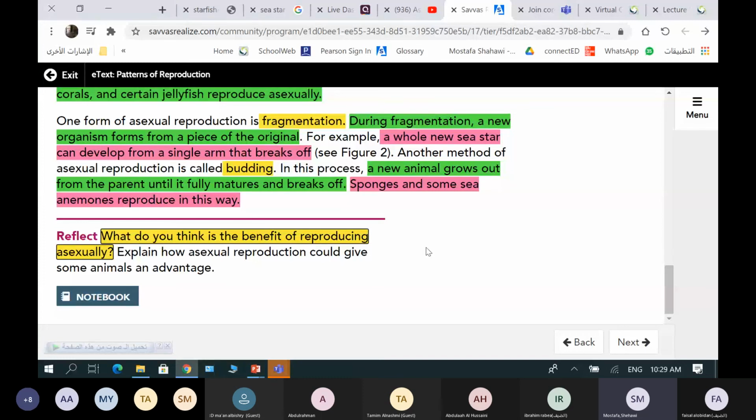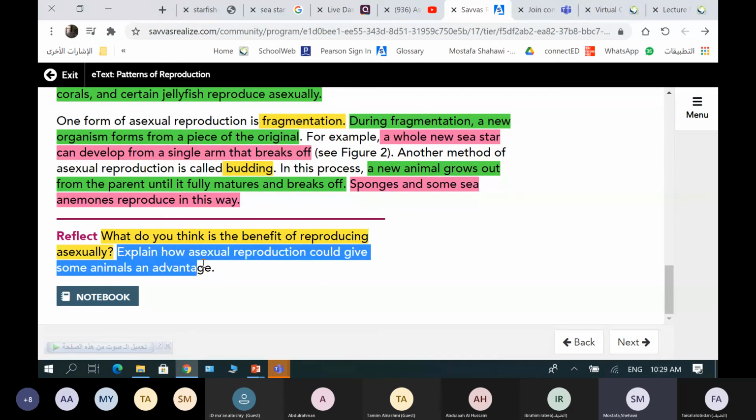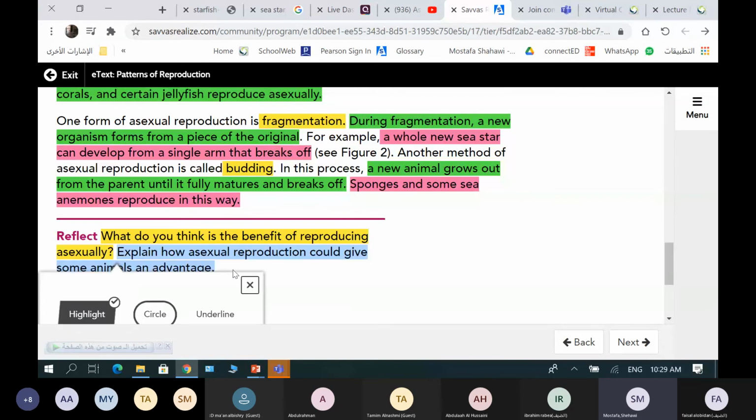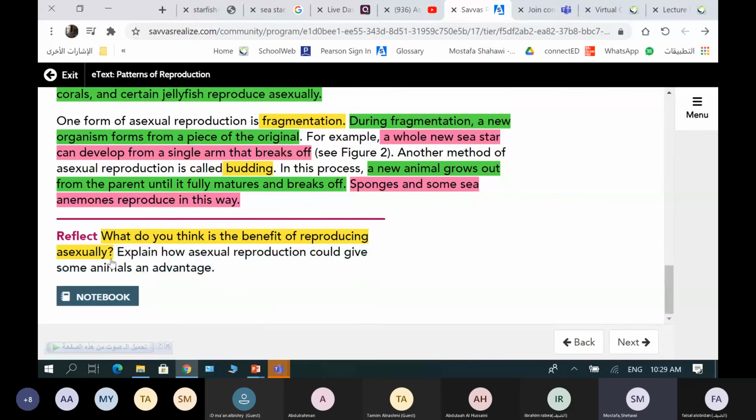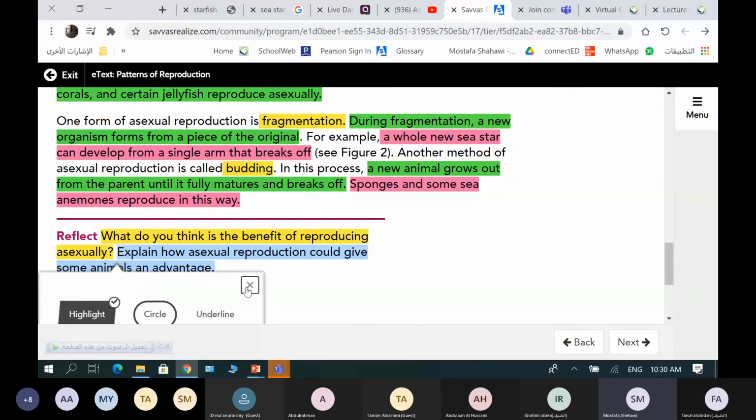These are the benefits of asexual reproduction. Explain how asexual reproduction could give some animals an advantage. We said that because it happens fast and quick.